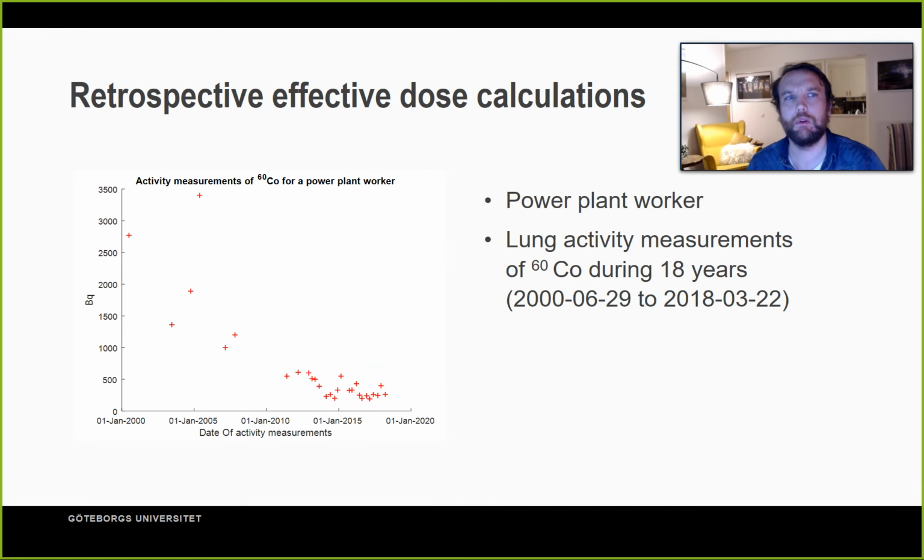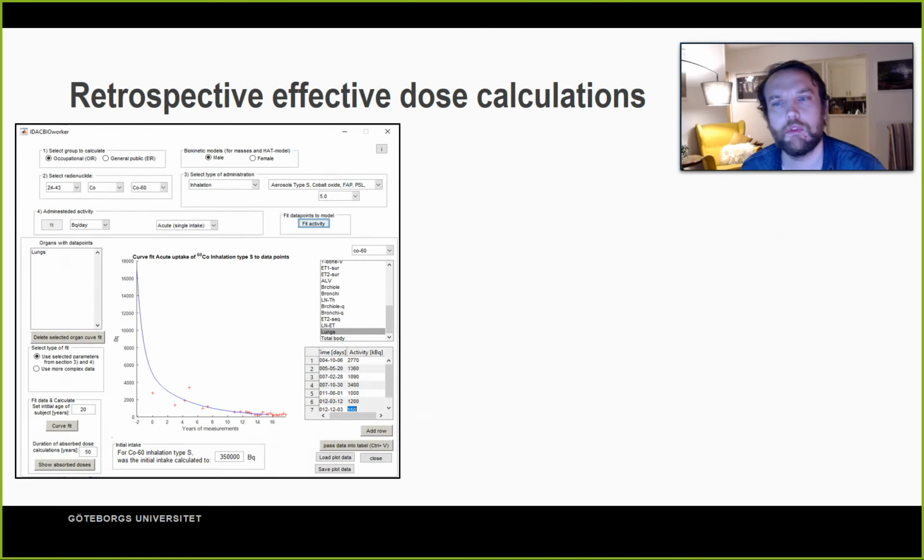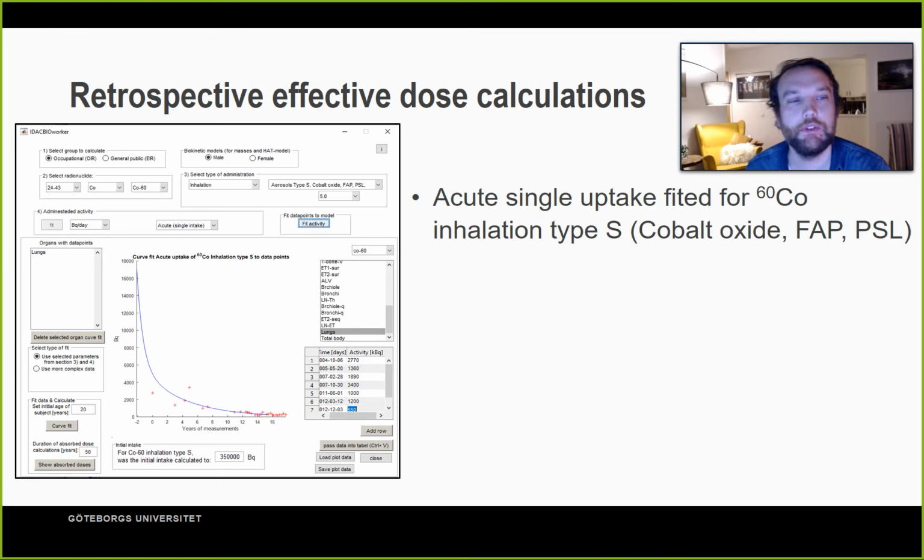Another way is that if you have a series of measurements and you don't know the exact exposure scenario, you could use the data points which you have measured. Here is cobalt-60 from a power plant worker who has been monitored during 18 years. During this time we have measured the lung activity. So what we did was fit the lung activity of cobalt-60.